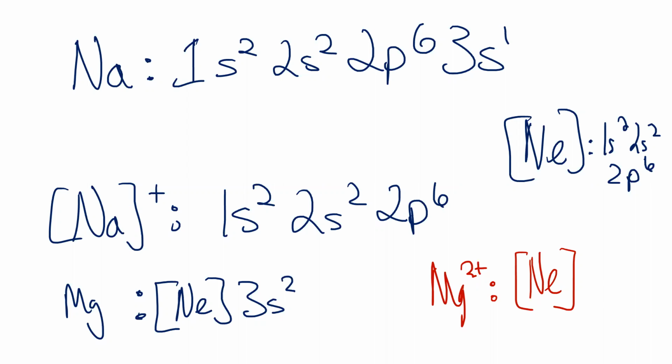Doing a simple substitution, you see here, here's the sodium electron configuration, which happens to be the same thing as the electron configuration of neon. I utilized the electron configuration of neon to write this in shorthand and then stick on the last electrons that can't be substituted by neon. And then finally, if I lose these 2 electrons, it just simply is neon. Okay. All right.